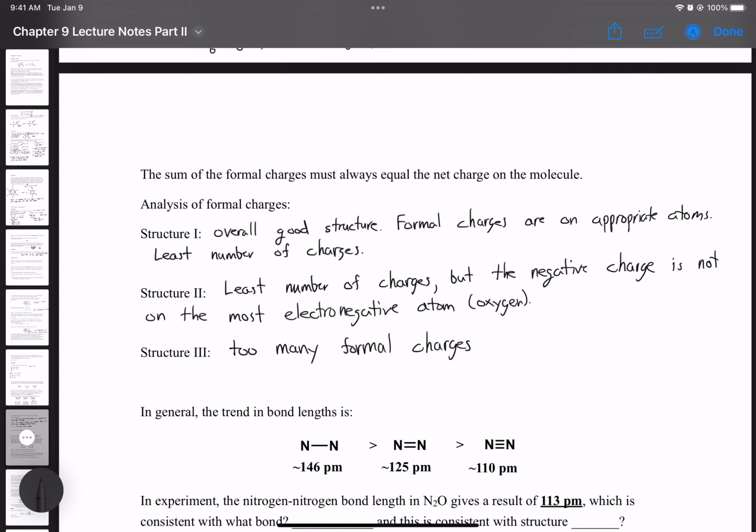And then also the negative charge is on nitrogen instead of oxygen.